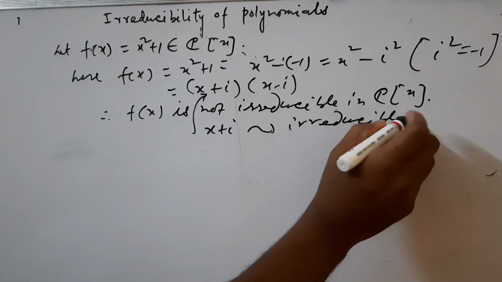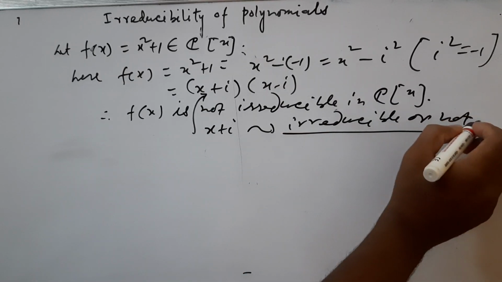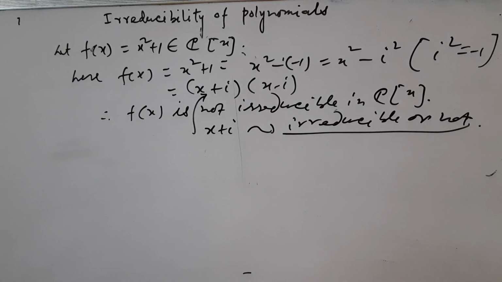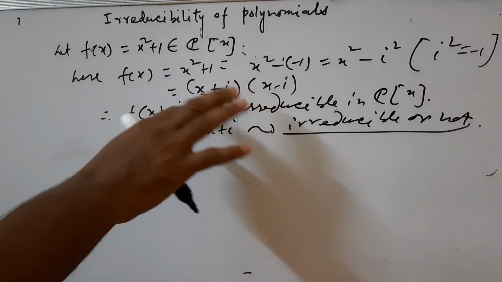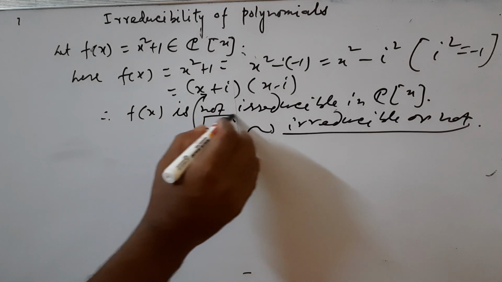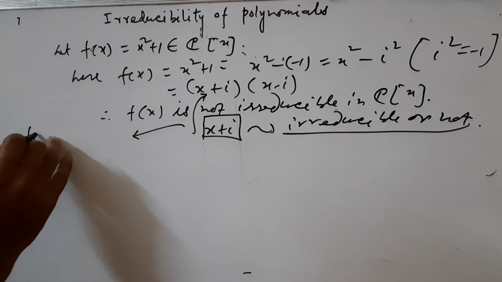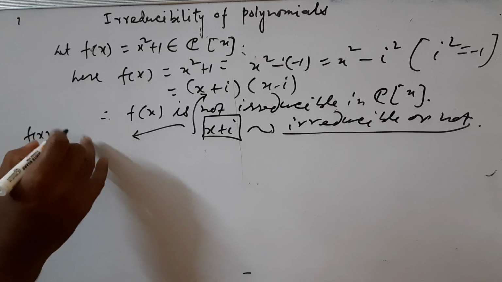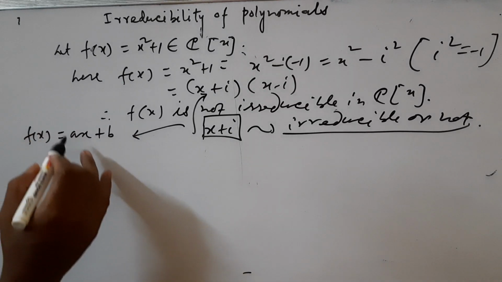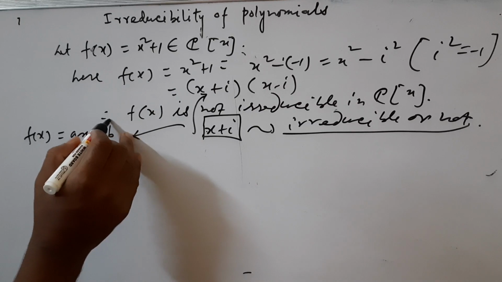We are going to find the solution of this problem, and this can be considered as a polynomial of the type f(x) equal to ax plus b, where a is 1 here and b is i.